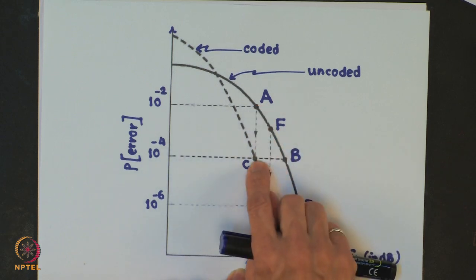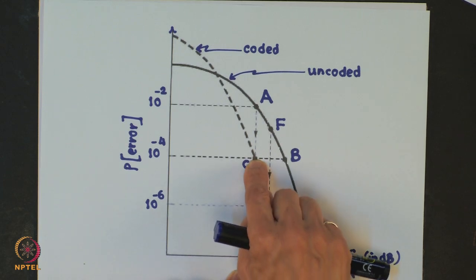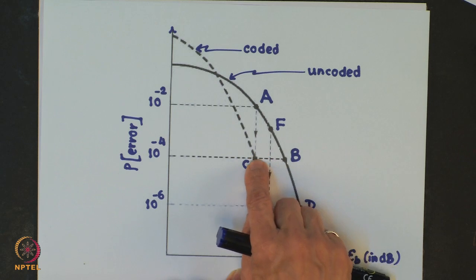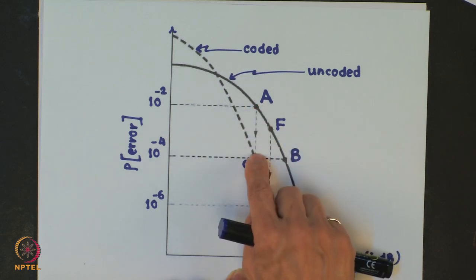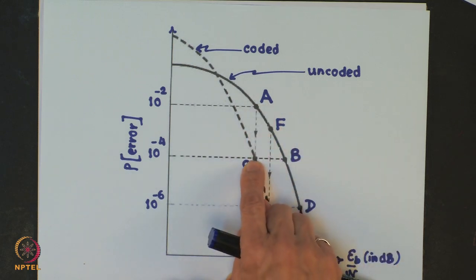But in doing so, when we land up at point C, the requirement of bandwidth will increase, assuming that we are working with a real time system and no delay is acceptable. So, we get now error performance improvement, but at the cost of bandwidth when we move from point A to point C.